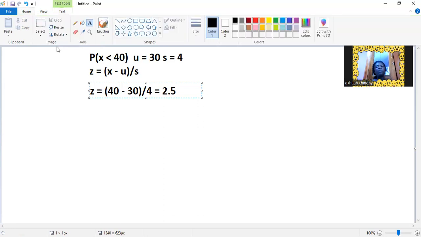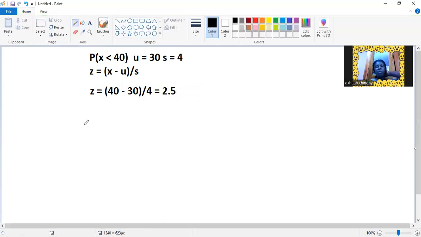That will even guide you to know which direction the question is asking you to move in. All right, so this is our mean. On the normal distribution table, our mean is 0. So here is 0.